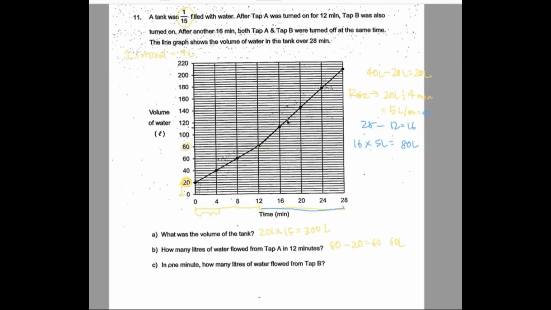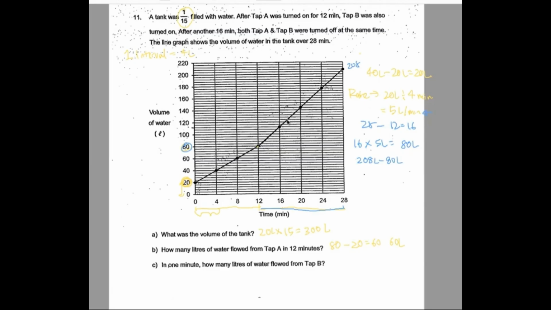If you look at the graph, from the 12 to the 28 minute, the total volume of water that goes in from both taps is from 80 all the way to here. If you extend it all the way to the left, to look at the scale, it is 208. So the amount of water that flows out from both taps will be 208 liters minus 80 liters.